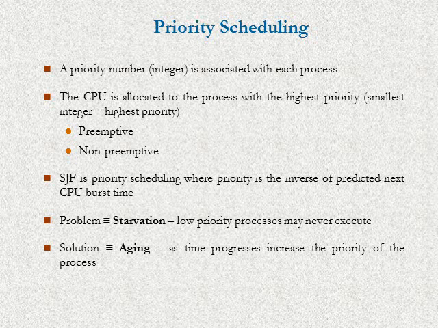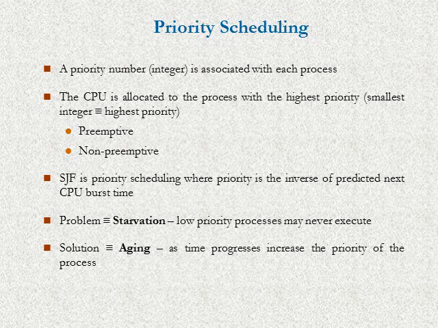However, we can solve this by a technique that we term aging. With the passage of time, we can increase the priority of a process. So if a process enters the system having a priority of 99, after some time its priority will be increased to 98, then to 97.